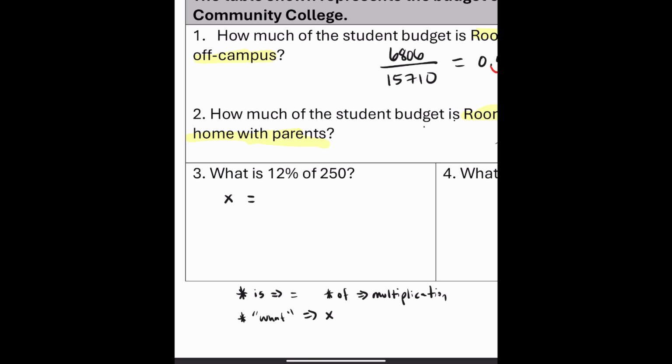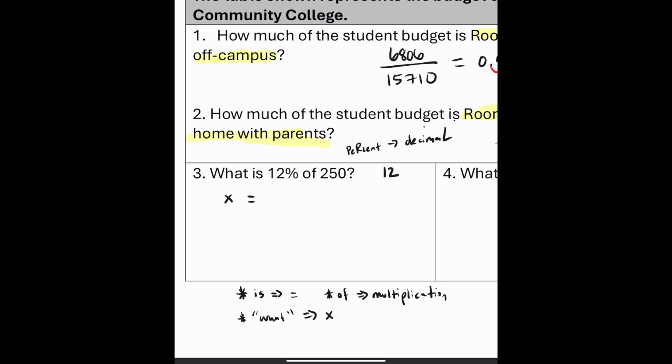I mean, you could, but I think it would be easier if we convert that percent to a decimal. So let's just write 12, okay? Remember our little way of remembering where we need to move the decimal, right? All right, percent to decimal.